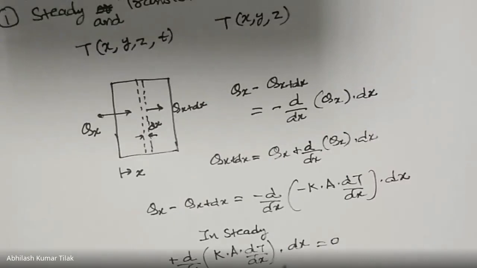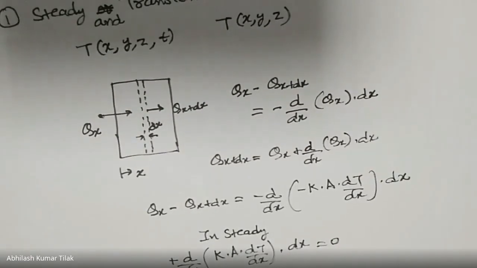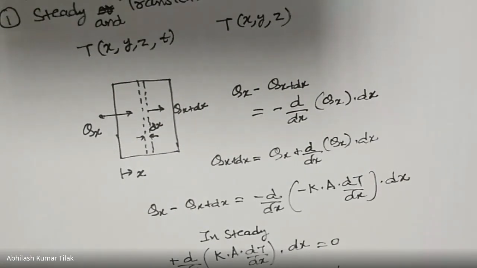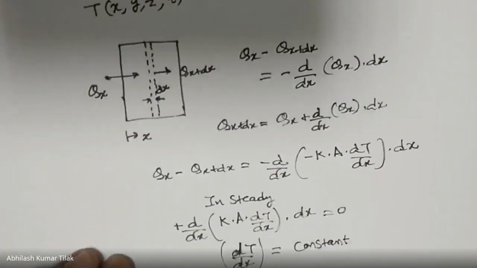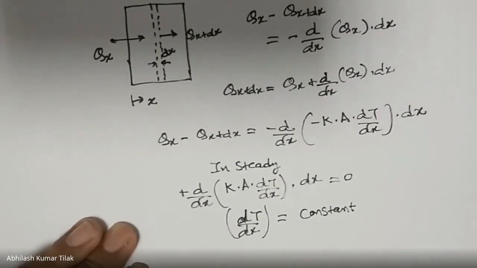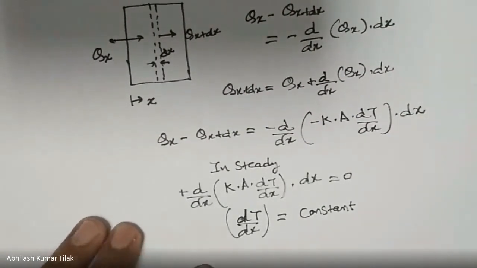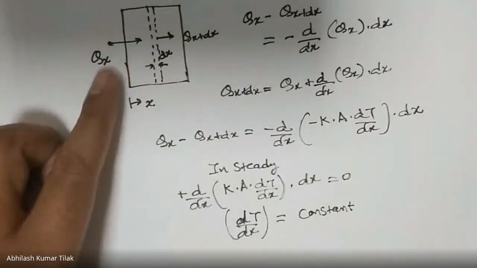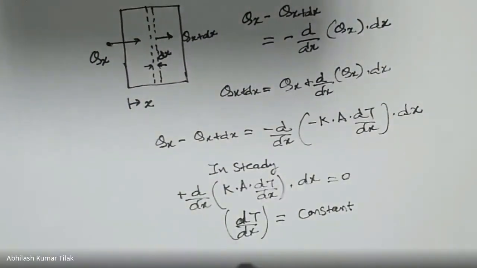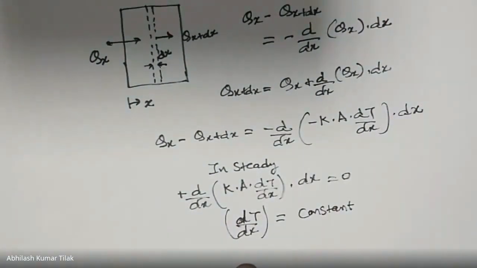Since this is a differential, you can also write from here that dT by dx is a constant value. So that indicates that if there is a steady state heat transfer, your temperature gradient is going to be constant.